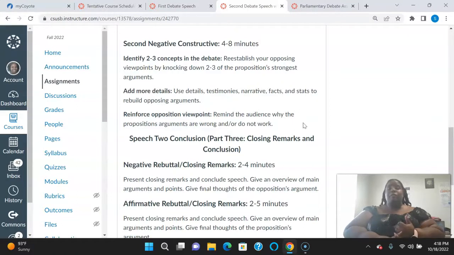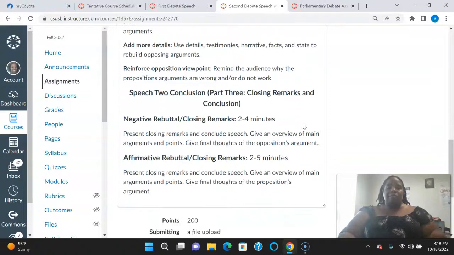So you can reestablish your viewpoints, continue knocking down the proposition's strongest arguments. You can add more details yourself and reinforce your viewpoint.